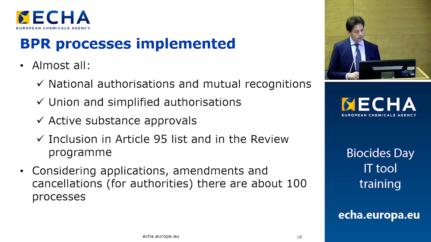The only area where we still have some room for improvement is the Article 95 management, that we will invest a little bit more in next year. But other than that, we have about 100 processes implemented, which are the representation of how the regulation is written, and of course there is probably margin for improvement, but it is more or less covering everything.